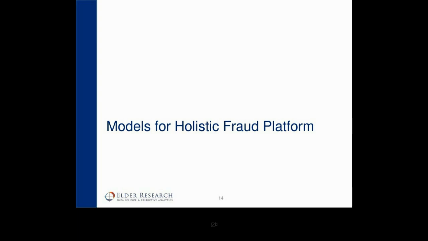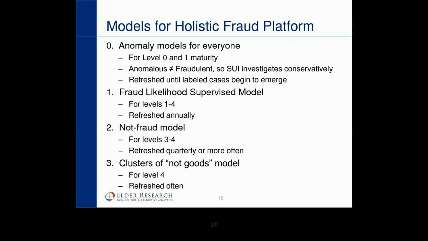So we'll talk about the various models that are in a holistic fraud platform. In the beginning, there are models that everyone can use. Even if you have no labeled fraud data, you can build an anomaly model to detect which cases are anomalous.